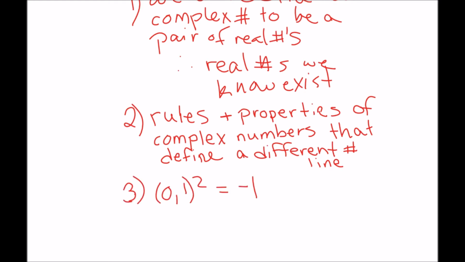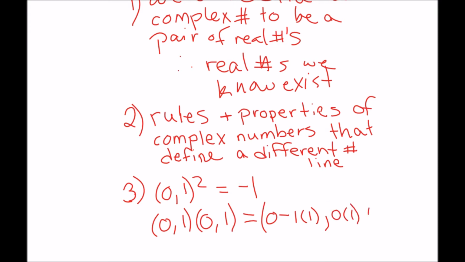So if we expand this out to prove it, we know (0, 1) squared would be (0, 1) times (0, 1). And that is going to equal 0 times 0 is 0, minus 1 times 1, comma, and then we have 0 times 1 plus 1 times 0.